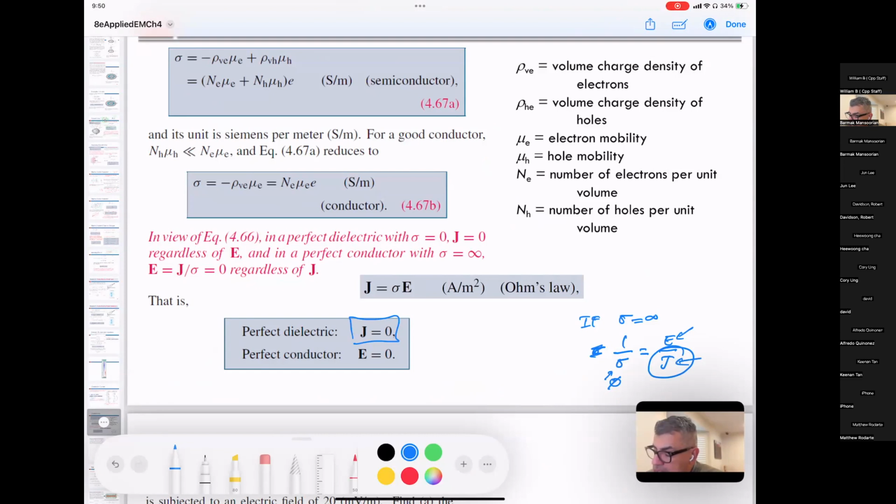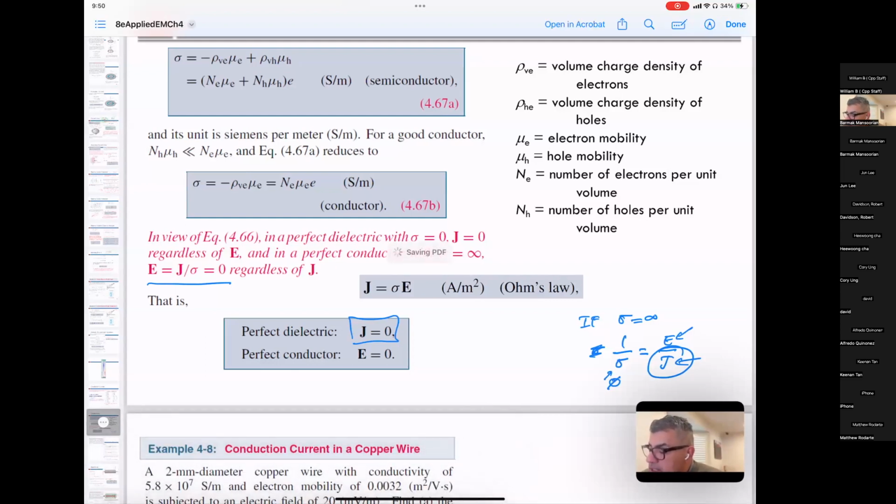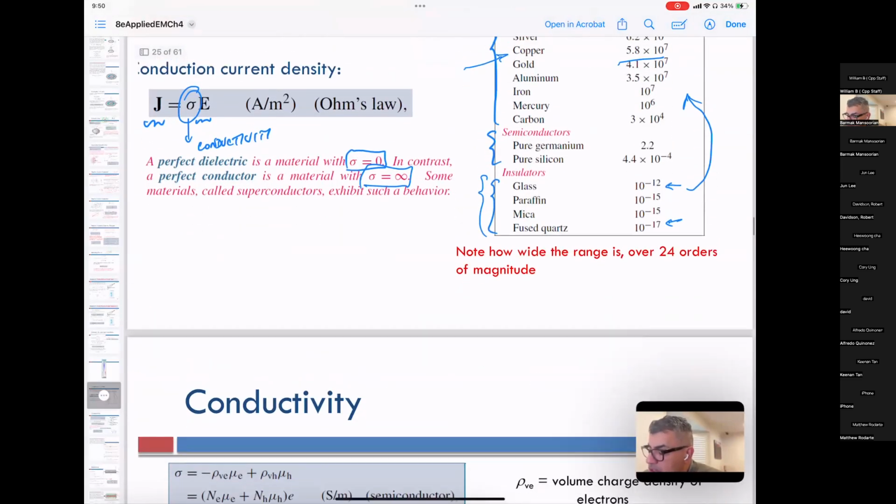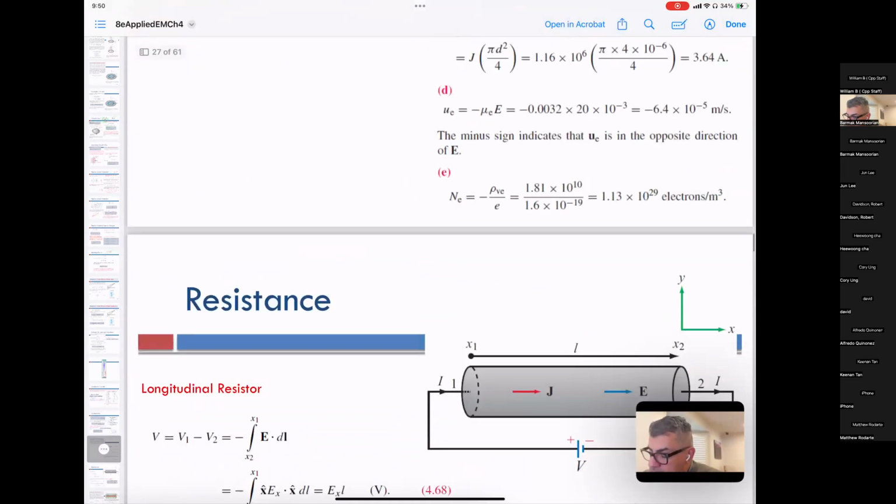So basically, in a perfect conductor, you cannot have an electric field at all, which is kind of interesting. Regardless of what the current density is, a perfect conductor would have no electric field. In practice, even when you have an electric field in a conductor, it's a very, very small value, practically 0. That's pretty important.